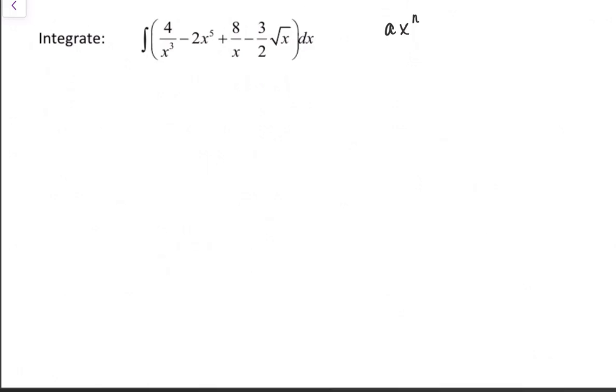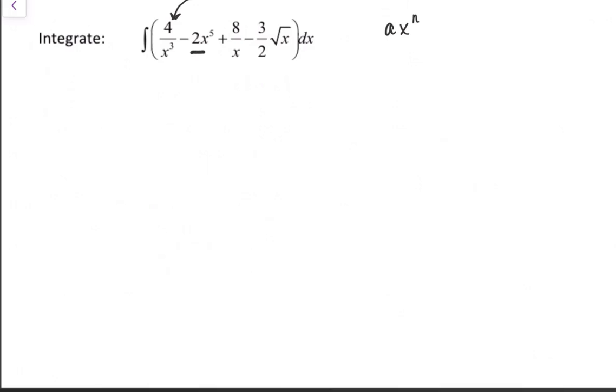So now if any one term needs to be rewritten, then make sure that you rewrite the entire problem before you start integrating. You don't want to integrate any term until you're ready to integrate all of the terms. So I know that I want to rewrite that one there. I want that x brought up to the numerator.